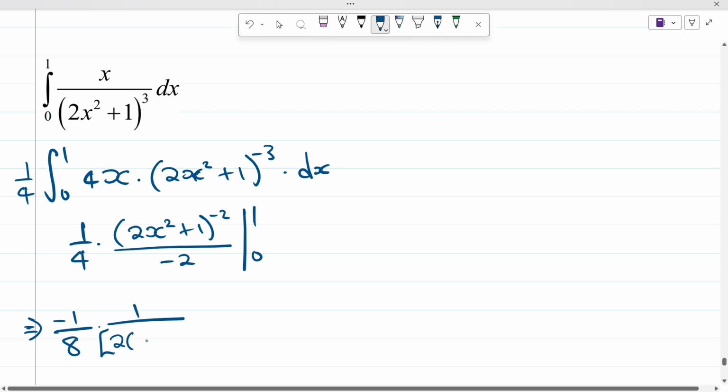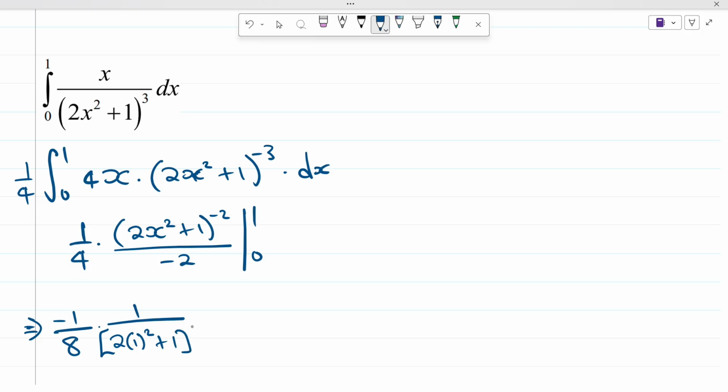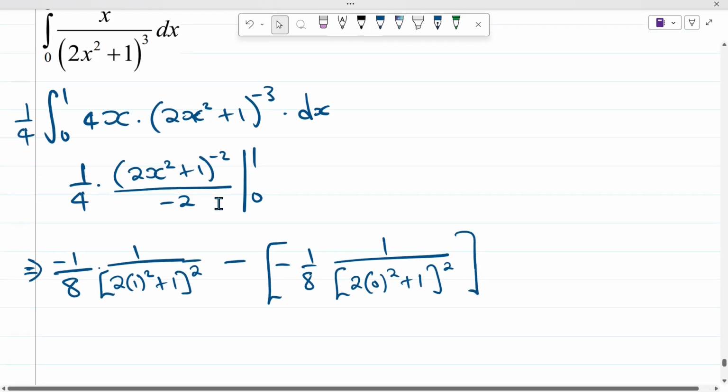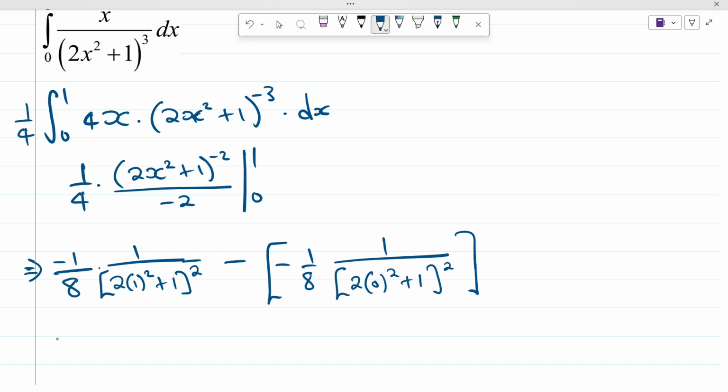Okay, 2 into, we substitute our limits, 1 squared plus 1, everything squared, minus -1/8 multiplied by 1/2 into 0 squared plus 1, everything squared. Then we substitute this in our calculator to see what the answer is going to be.